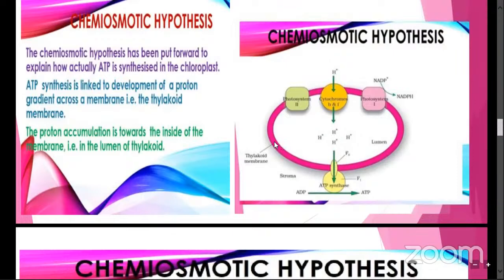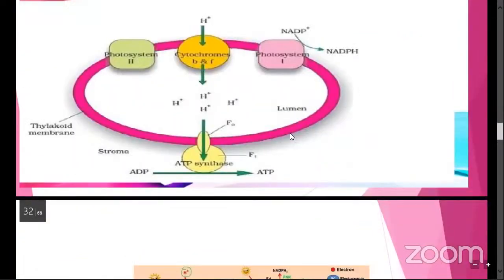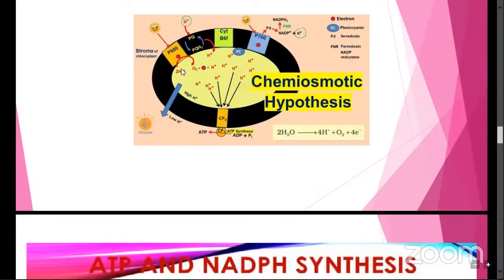With the support of this complex, H2O splits into H plus and OH minus, and OH minus further splits into oxygen and electrons. Here, three end products are produced: a pair of electrons, a pair of protons, and half a molecule of oxygen.